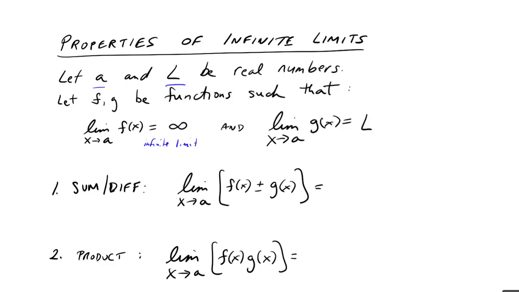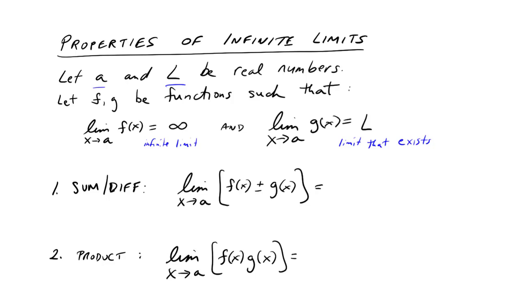And the limit as x approaches a of g of x equals L, a limit that exists. Okay, so f goes to infinity as x goes to a, positive infinity, and g goes to some value L. I don't know what the value is, but some value L.